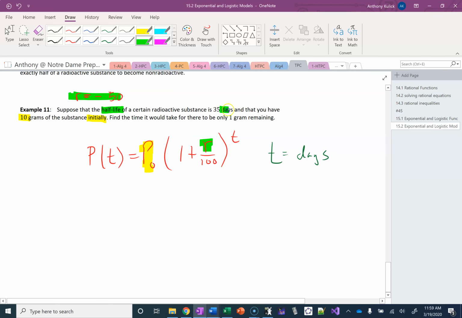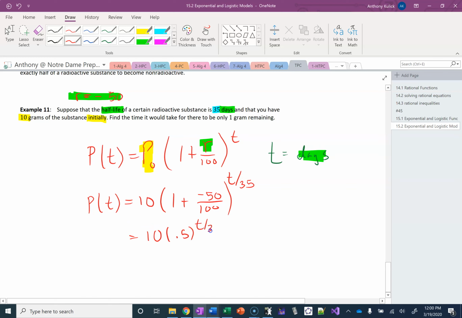Again, it matches the unit here. And since 35 days is bigger than 1 day, I know I'm going to end up with a divisor on my T. Or this just simplifies down to 10 times 0.5 to the t over 35.